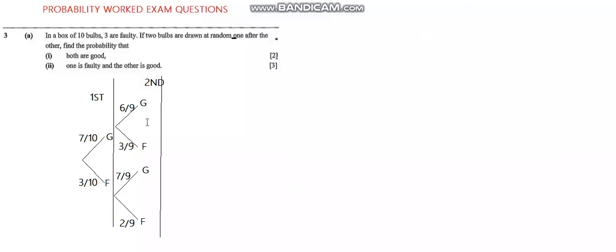Question 1 says both are good. So the probability of both good is equal to the probability of good, now both means multiplication in probability, times the probability of another good.